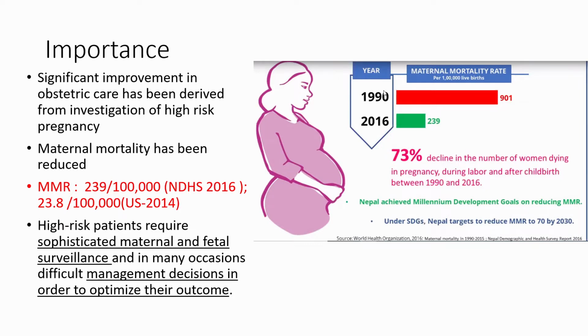We can look at the national figure. In Nepal, in 1990 the maternal mortality ratio was 901 per 1 lakh live births, which is quite high. Now in 2016 it came down to 239. There's a drastic decline of 73% in women dying in pregnancy, during labor and childbirth.